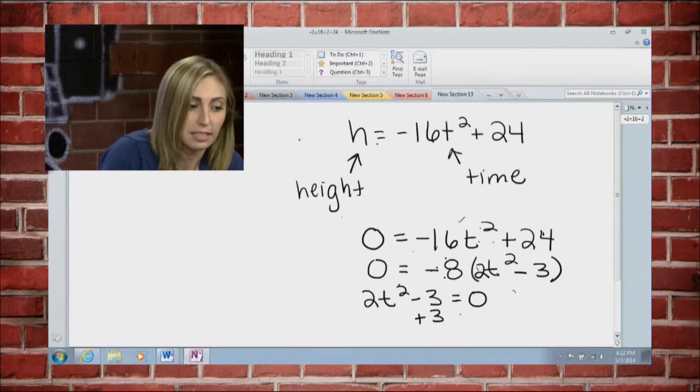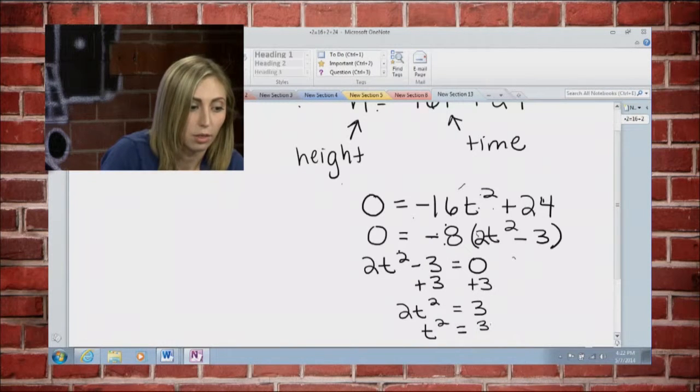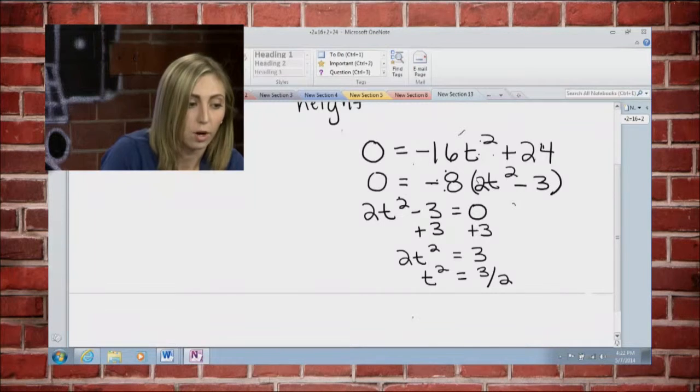So then I'm going to isolate t by adding 3 to both sides, and then I will divide by 2. So again, I'm isolating t. So then I have t squared is 3 divided by 2. And then to find out what t is, we're going to square root both sides.